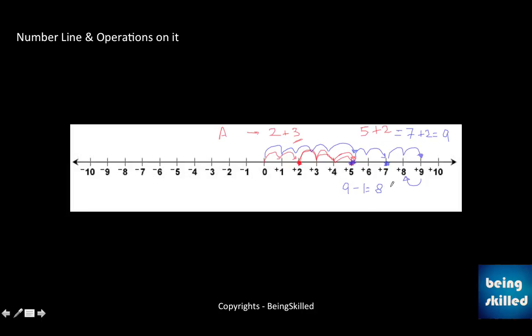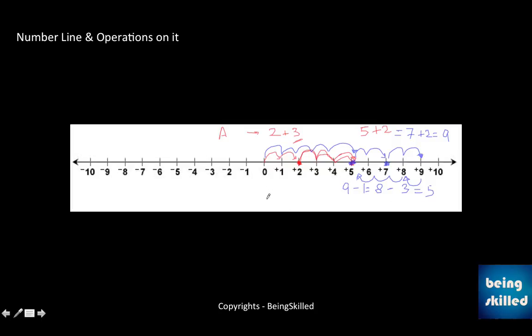Now we are at the 8th position. Now we want to subtract, let's say, 3 from it. You have to move in the left direction from 8: 1, 2 and 3. So 3 steps. So 8 minus 3 is 5.